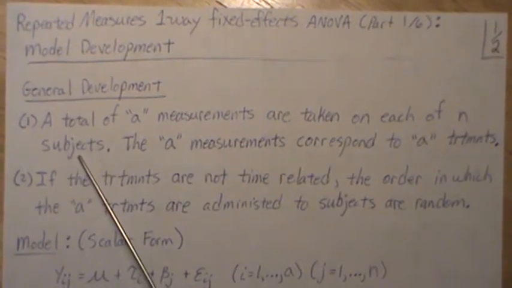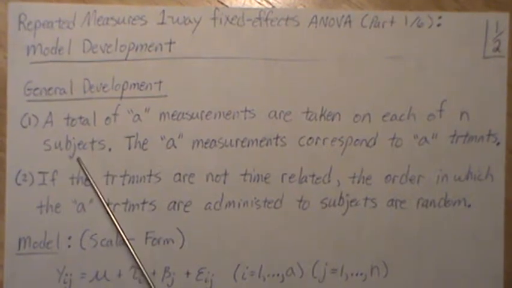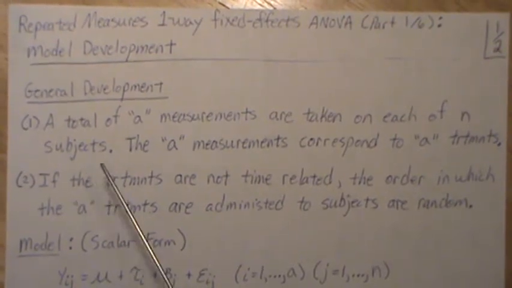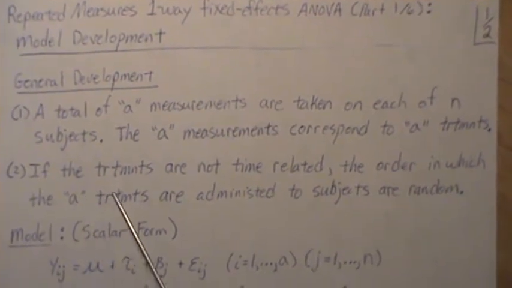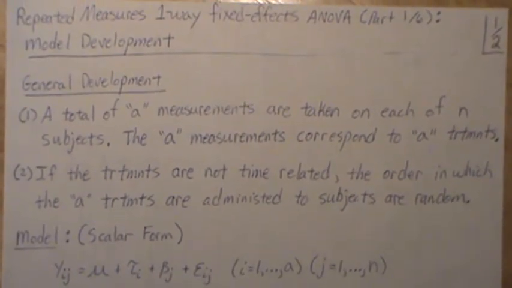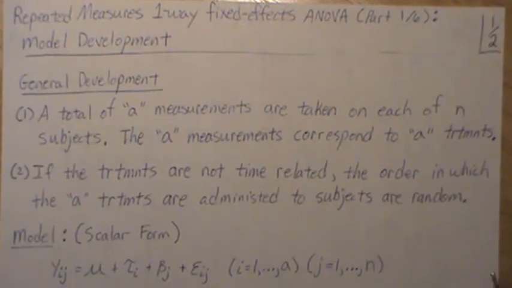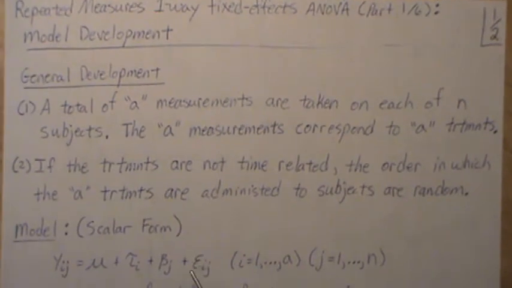But my mindset somehow thinks it's easier to think of them as subjects, because then one subject receives those A different treatments. Now the A measurements correspond to the A treatments. Now, if the treatments are not time related, then the order in which the A treatments are administered to the subjects are random. And I'll point out what this means in a second.